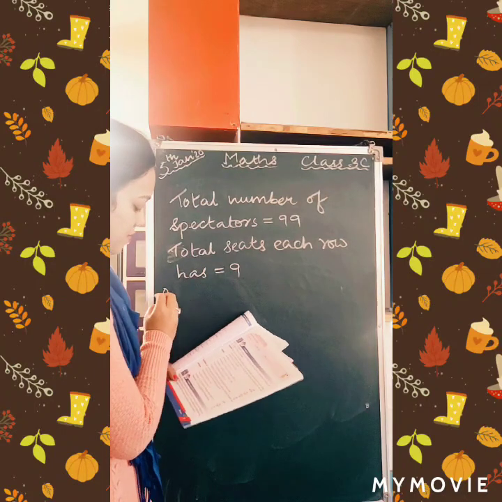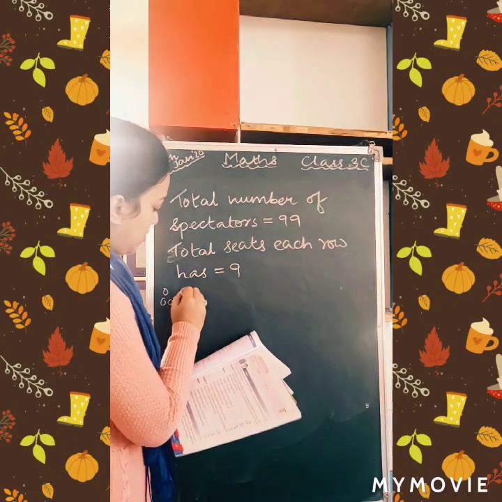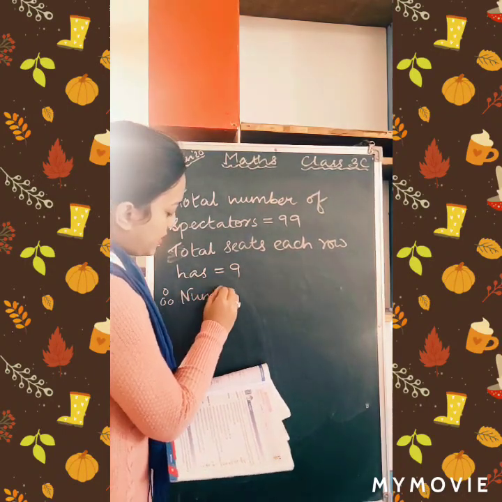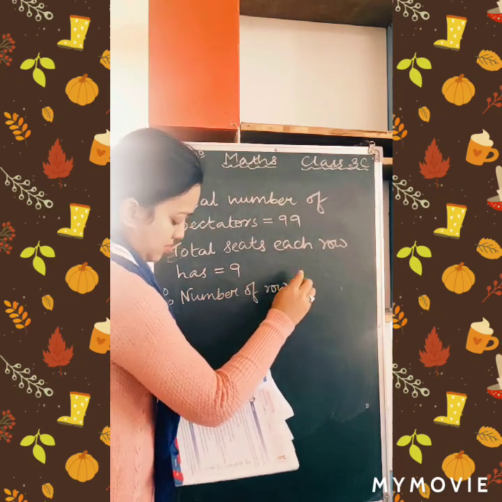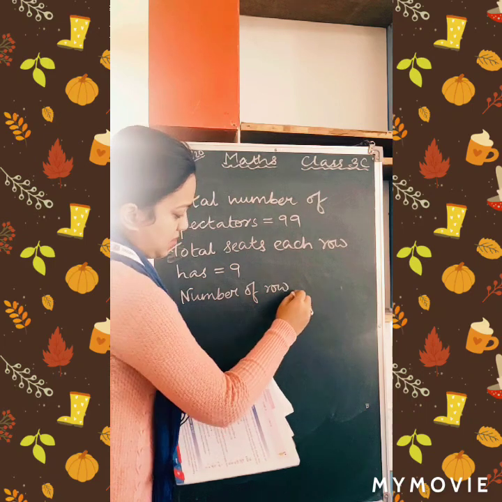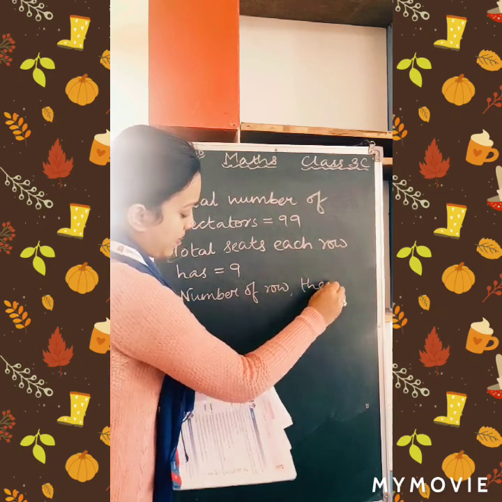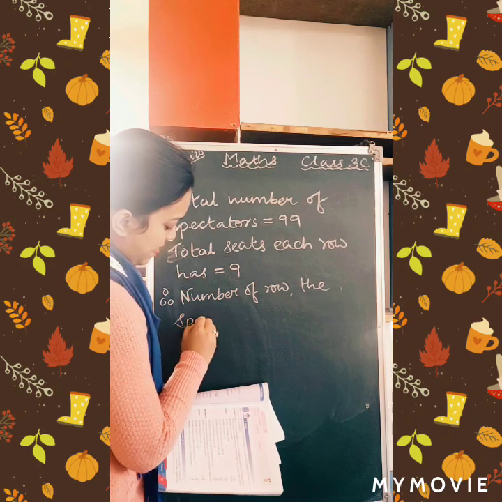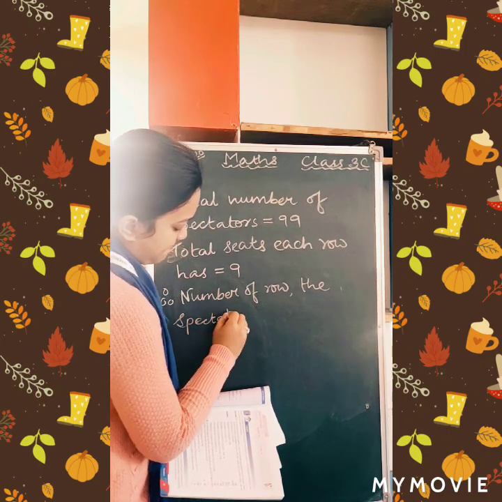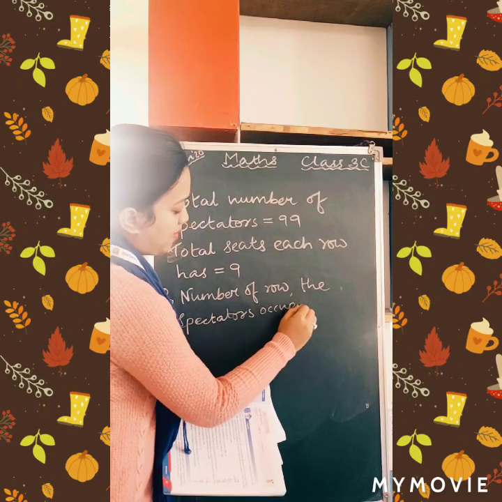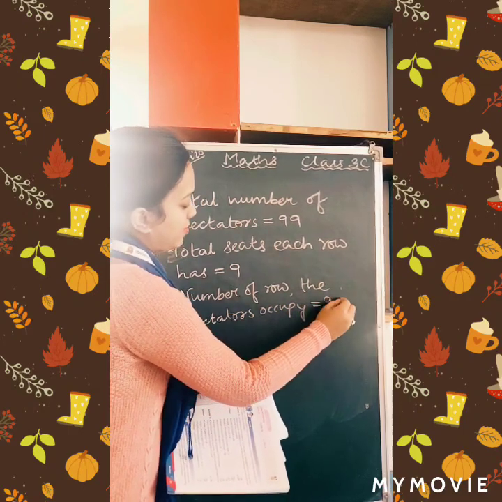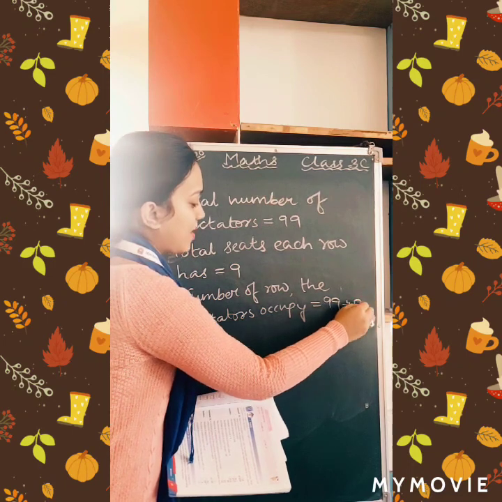Therefore, number of rows the spectators occupy is equal to 99 divided by 9.